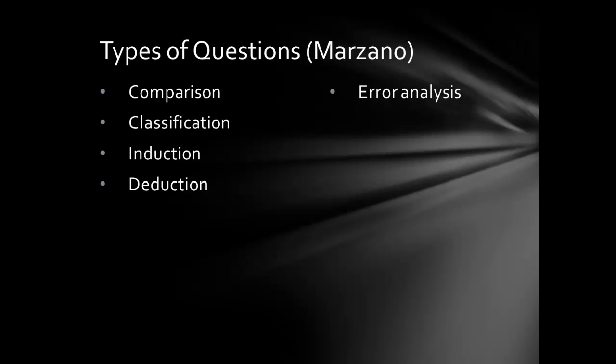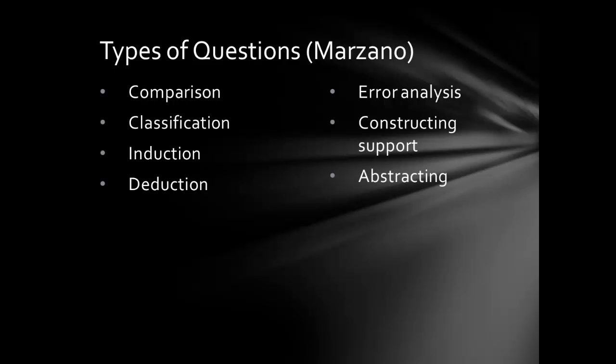You might ask questions that are error analysis. For example, what are the errors in this writer's reasoning, and how could we correct those errors? Some questions are for constructing support. For example, what argument would support the writer's claim? What are the assumptions of his argument?